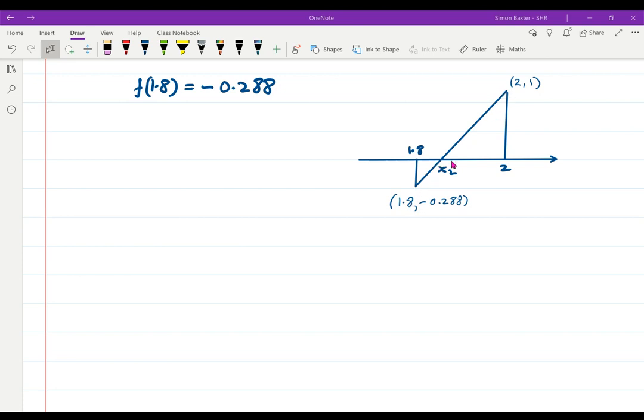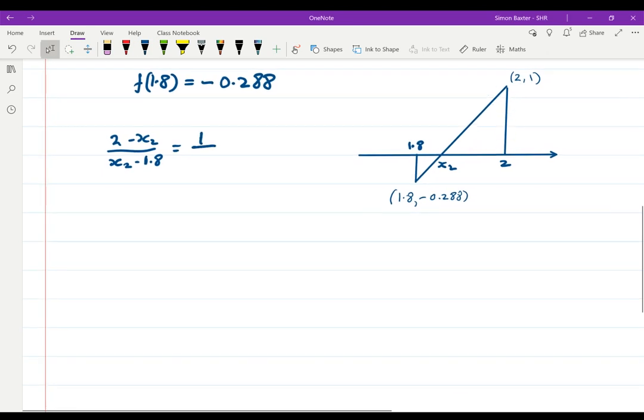Our next approximation is where this straight line crosses the axis, and as before, we've got similar triangles. (2 minus x2) divided by (x2 minus 1.8) is equal to the length of this line, which is 1, divided by the length of that line, which is 0.288.